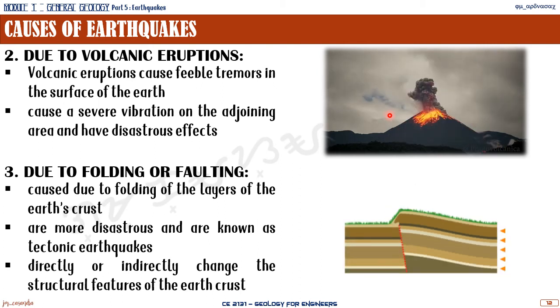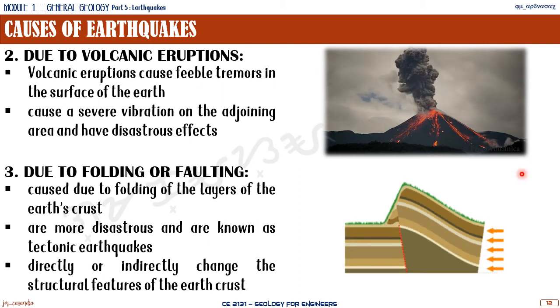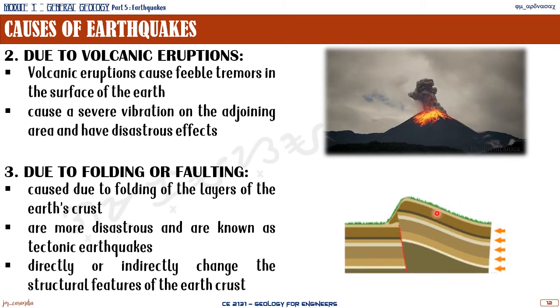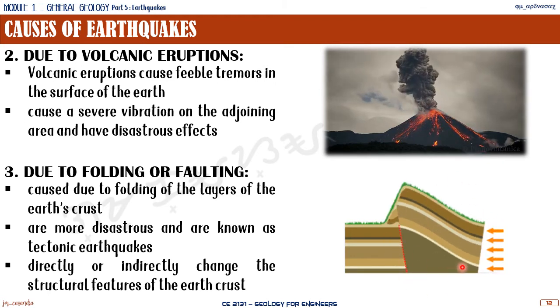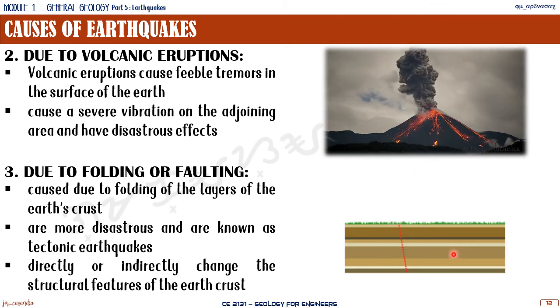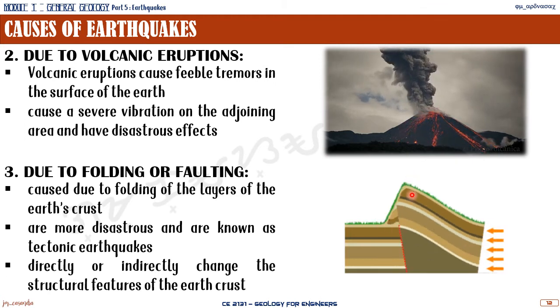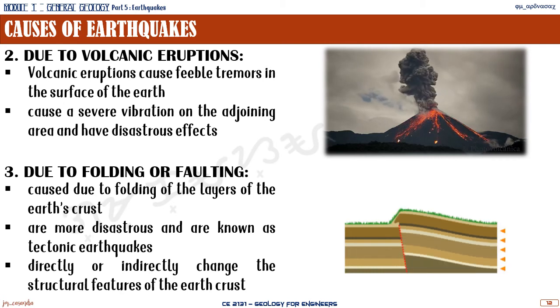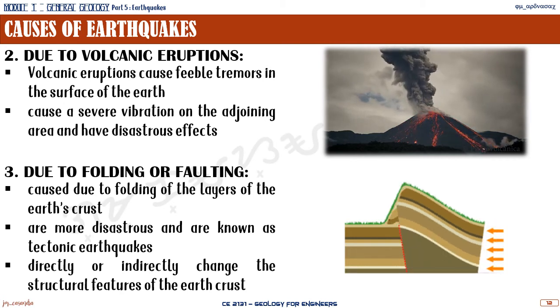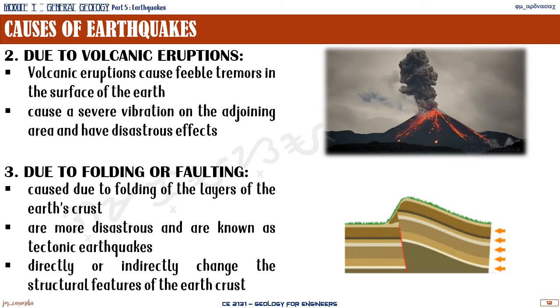An example of that is this one. As you can see, we have your plate here, so it's moving and being folded. So it's not actually moving, but instead it's being folded. So that's what happens at one moment on your earthquakes.